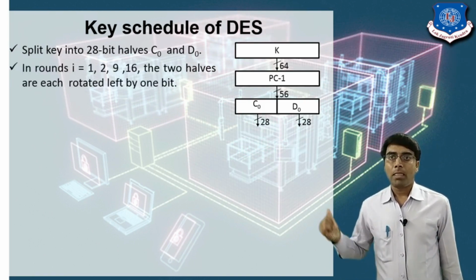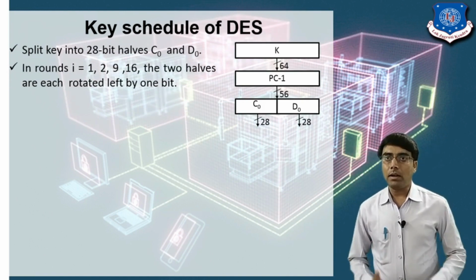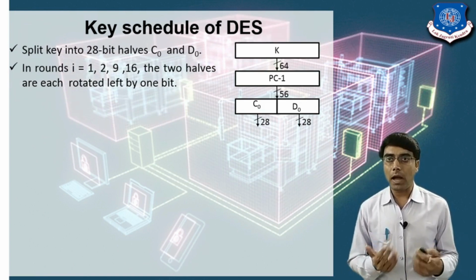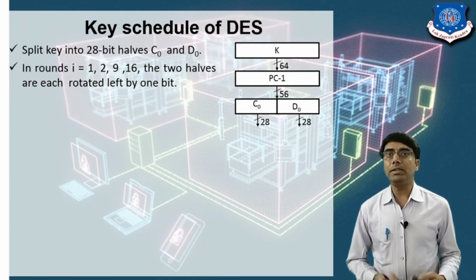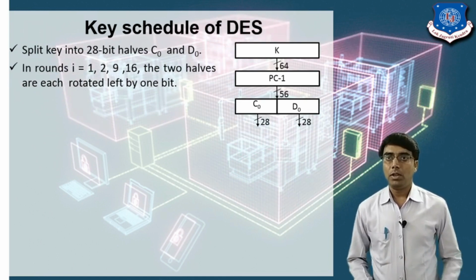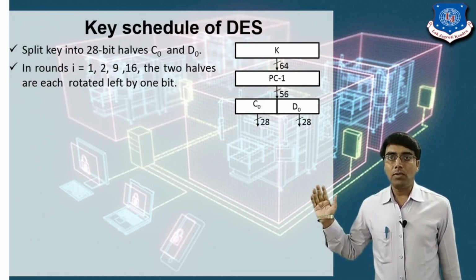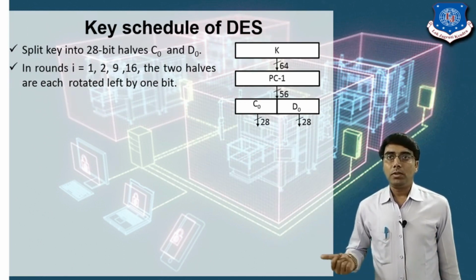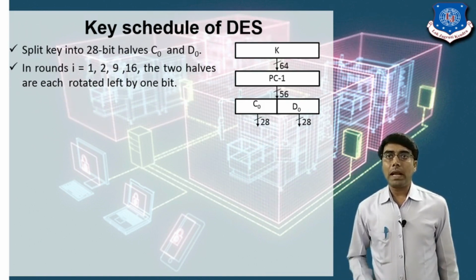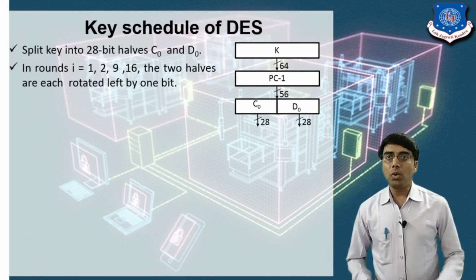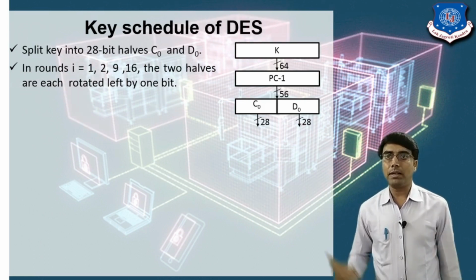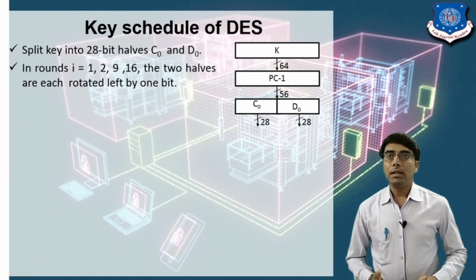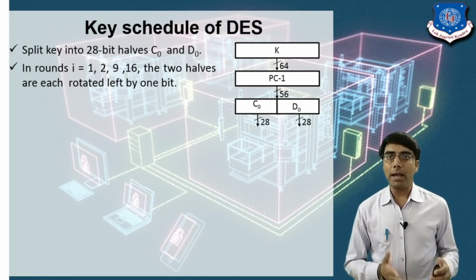Now, how many bits will be shifted to the left? There is one rule. If we are considering round numbers 1, 2, 9, 16, the two halves are each rotated left by 1 bit. It means that in round numbers 1, 2, 9, 16, we rotate left by 1 bit.